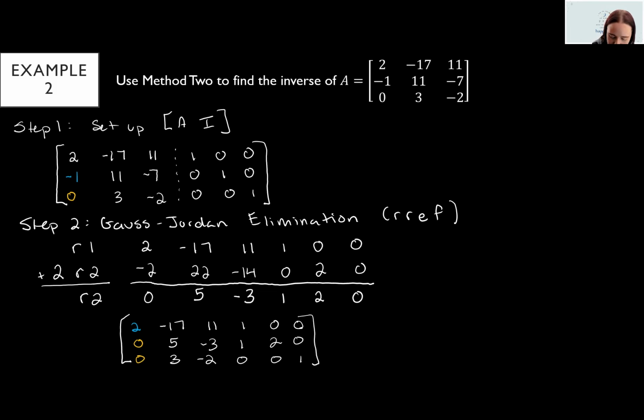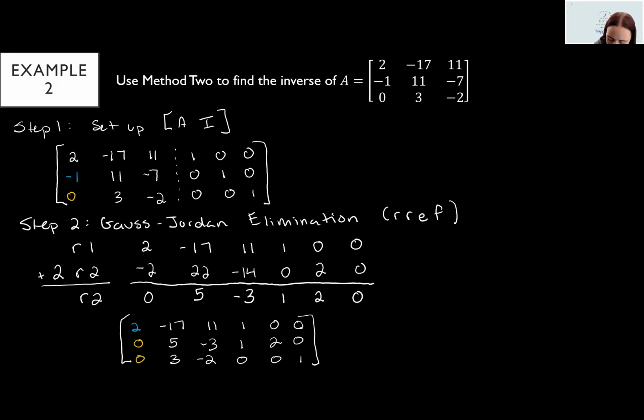I'm taking row 1 and dividing it by 2. Instead of writing it as multiplying by the fraction 1/2, I will just write it as divided by 2. So that gives me 1, -17 over 2, 11 over 2, 1 over 2, 0, 0.